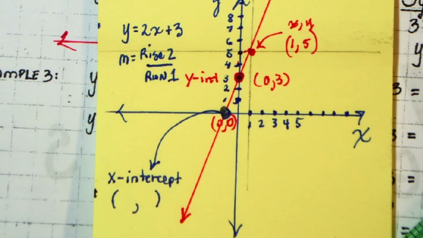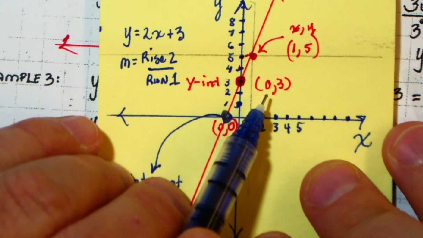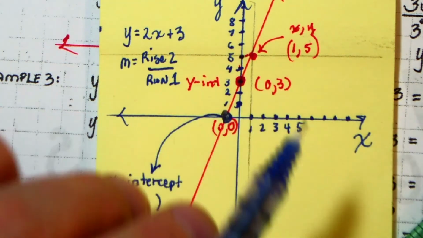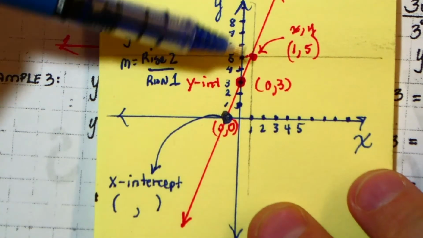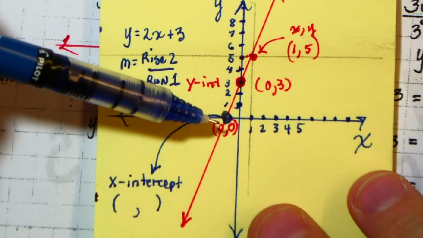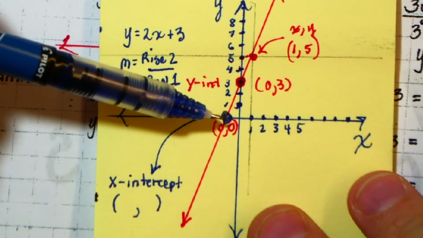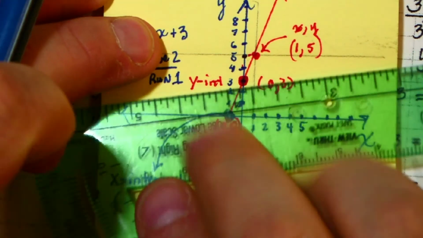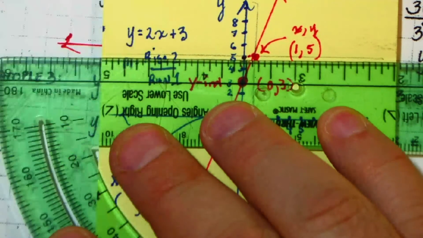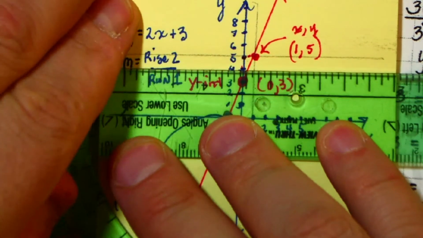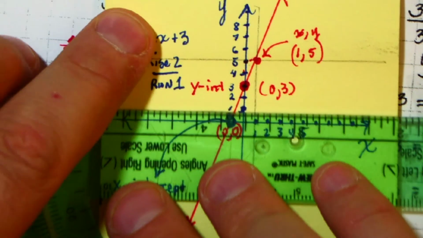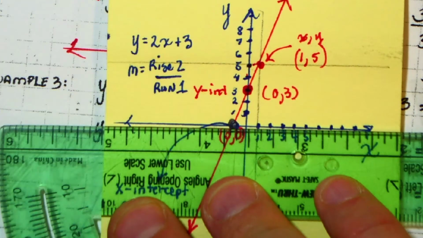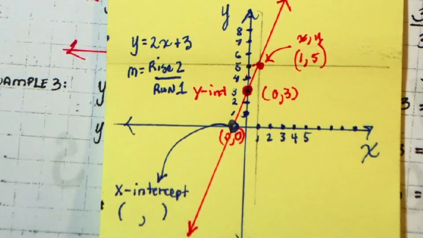Every y-intercept we've ever looked at has an x value of 0. Every x-intercept we look at has a y value of 0. Because you can look here. The y value is 5, 4, 3, 2, 1, and then we're on the x-axis, and that's where the x-intercept lives, on the x-axis.